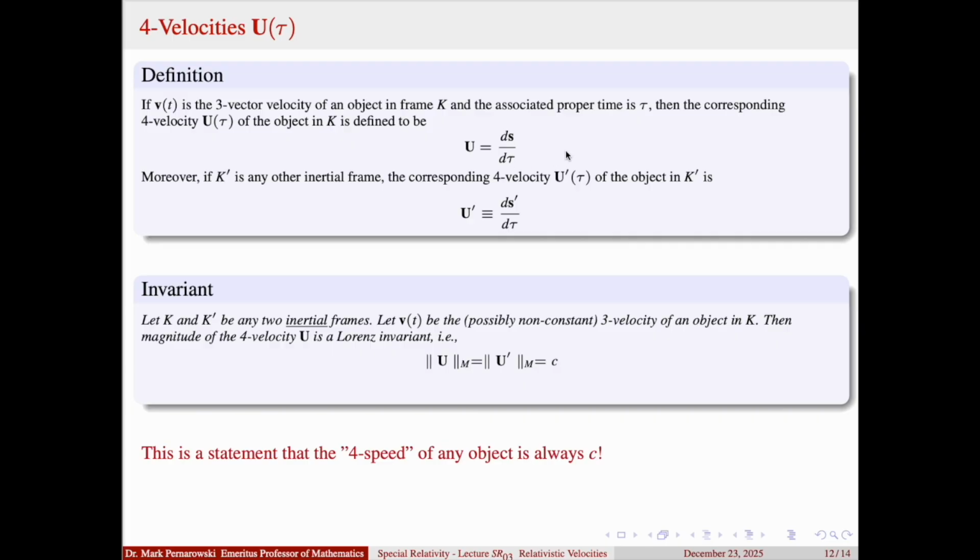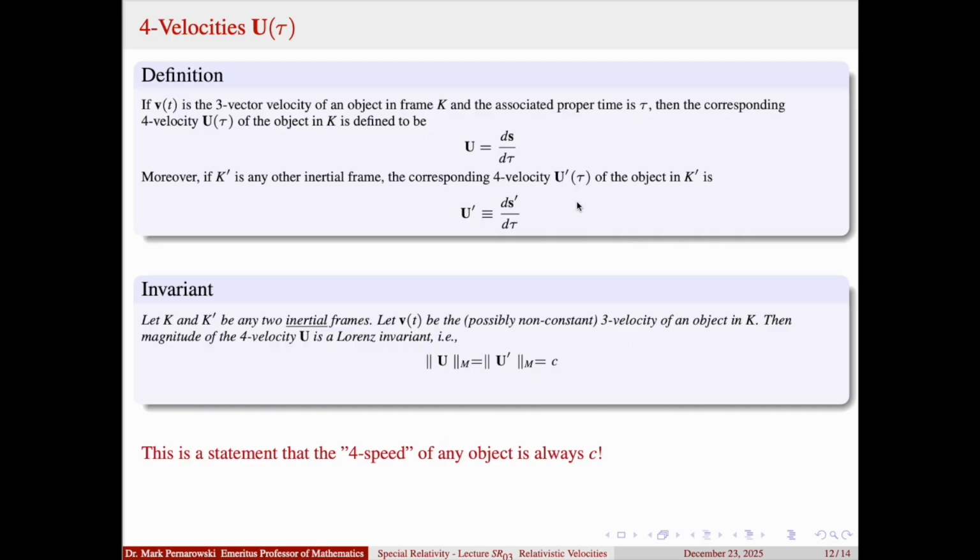So the object is moving, it's changing its velocity, and therefore the proper time is changing as t moves on. But we know this tau is the time with respect to the moving object. So we're going to define velocity to be the position change in spacetime with respect to proper time of the object.